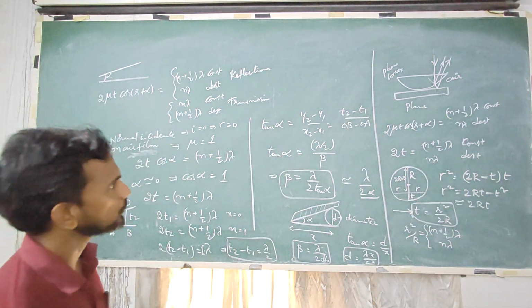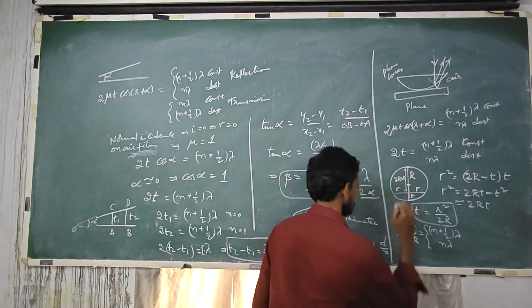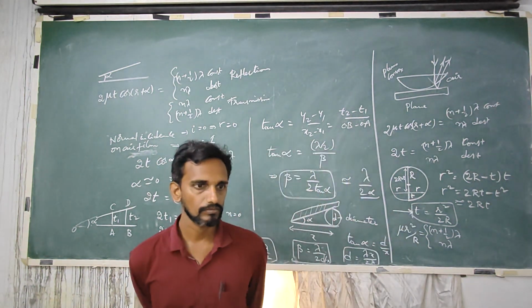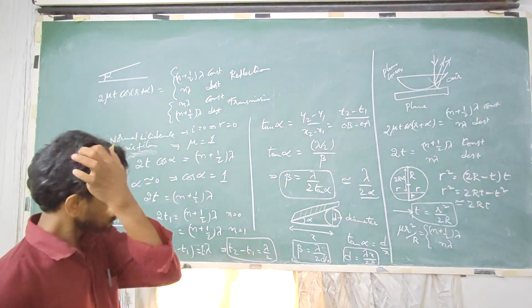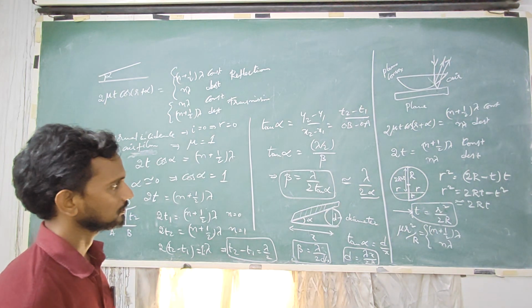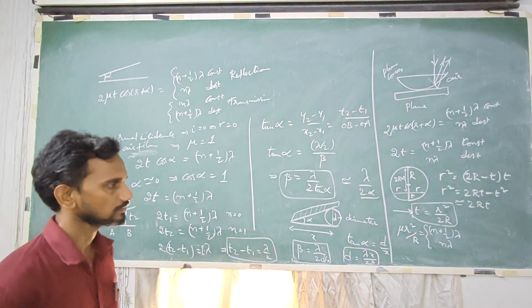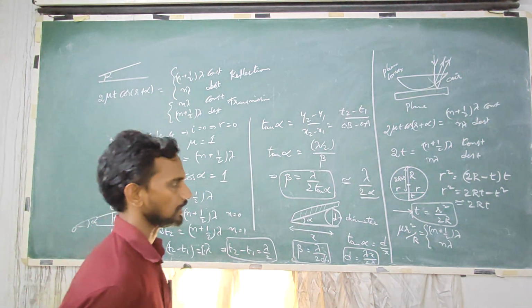And if you include mu also, mu will sit here. Okay. R square by r is equal to n plus half lambda or n lambda.